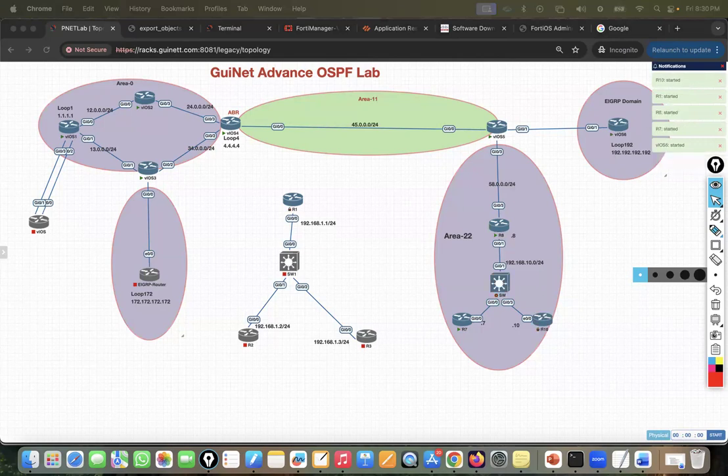Because OSPF is one of the protocols which is widely used across the industry. EIGRP is good, but it is limited to Cisco, even though it's an open standard right now. Still it is not used by any other vendor, even FortiGate firewalls, Juniper routers, Huawei routers, Nokia routers, Versa routers. They do not support EIGRP.